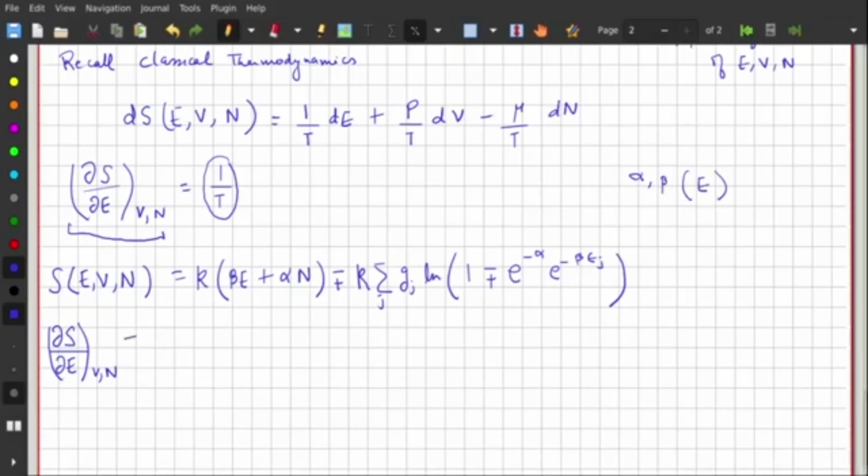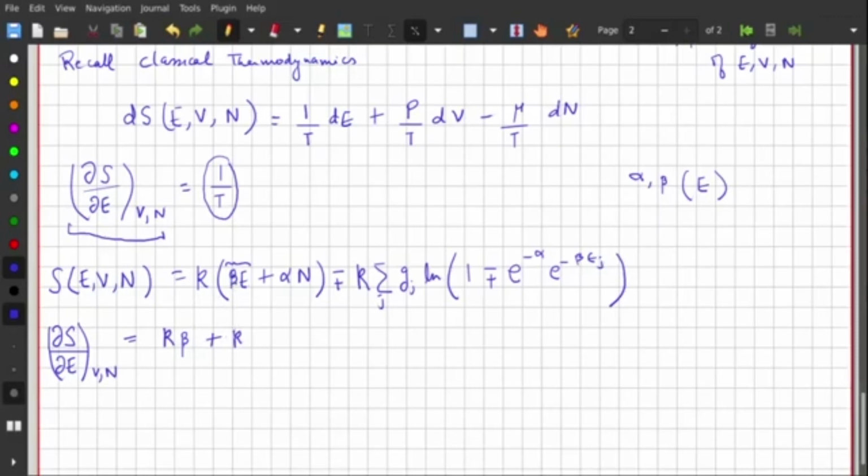So this becomes k beta, that's the first term, plus k E. If you see, this is a product of two terms, beta and E. First we took the constant and differentiated E with respect to E, which is why we have k beta.